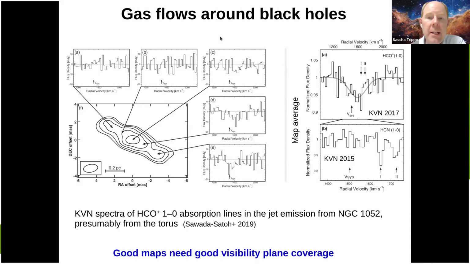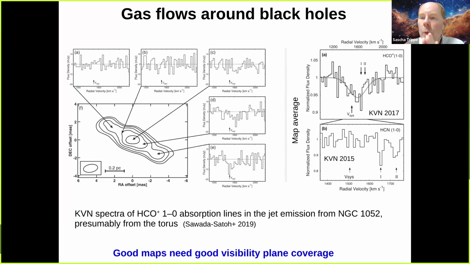And this is what happens in this kind of observations, where this group used the KVN, the Korean VLBI Network, to look for molecular absorption lines in the jet, or in the image of the jet, of a specific AGN, in this case NGC 1052, a famous source in the community. And of course, integrating data for a sufficiently long time, they indeed found some absorption lines of molecular gas, which surrounds the jet and the central engine of the AGN.